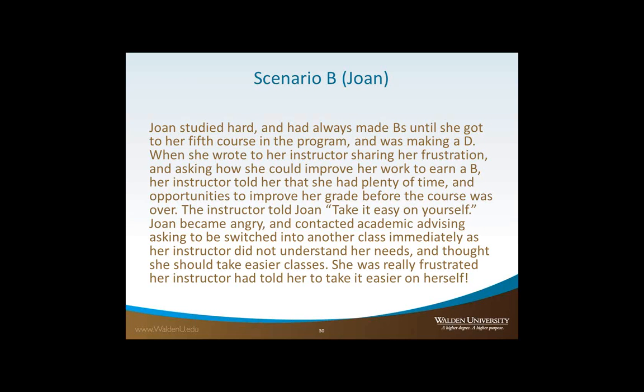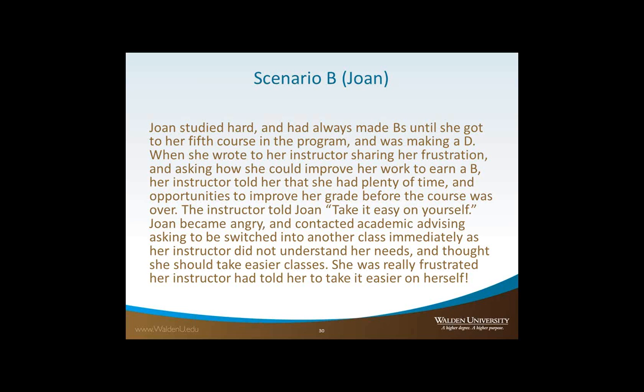Scenario B, Joan. Joan studied hard and had always earned B's until she got to her 5th course in the program, and she began making D's. When she wrote to her instructor sharing her frustration and asking how she could improve her work to earn higher than a B, her instructor told her that she had plenty of time and opportunities to improve her grade before the course was over.